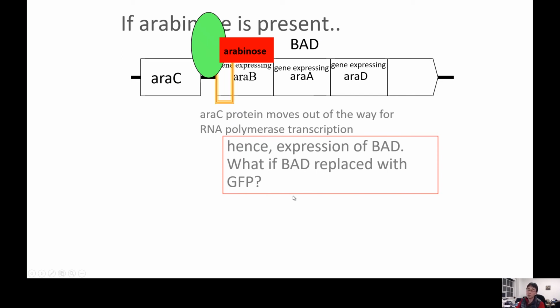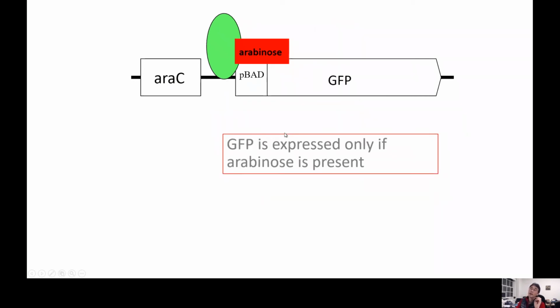In this case, RNA polymerase can start transcribing these three regions. Imagine that the promoter region is still there, so that RNA polymerase can start expressing the subsequent genes.